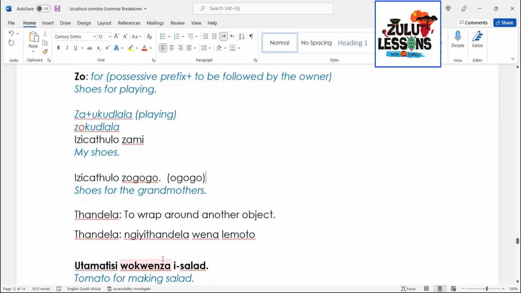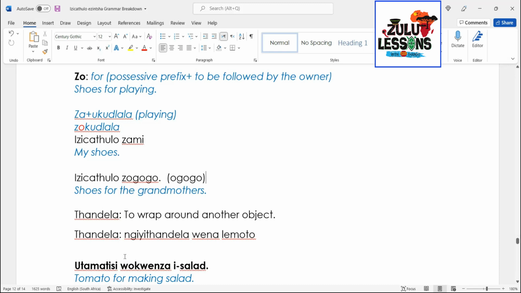For example, the verb thandela means to wrap something around another object. So, thandela. Do you hear how I said it?